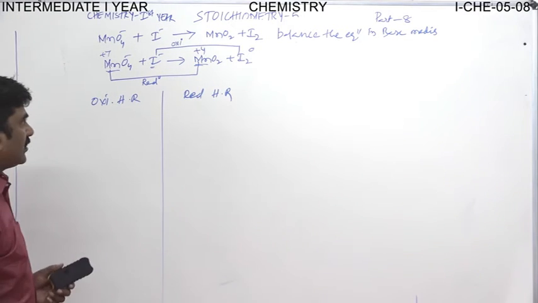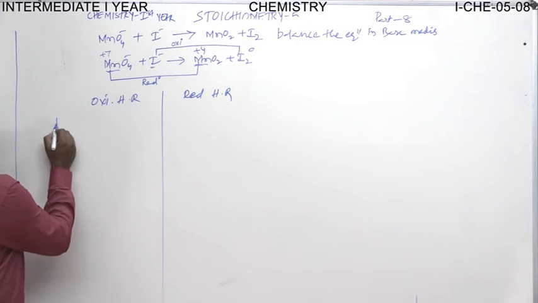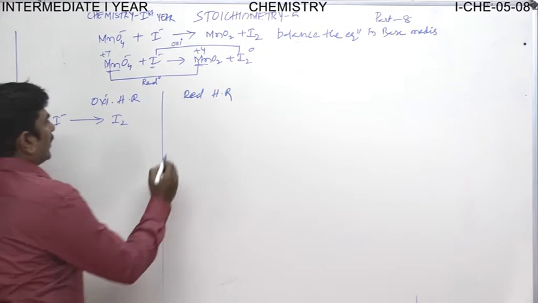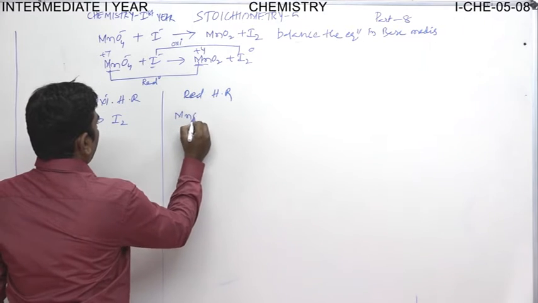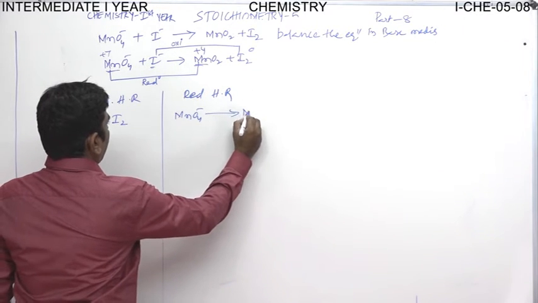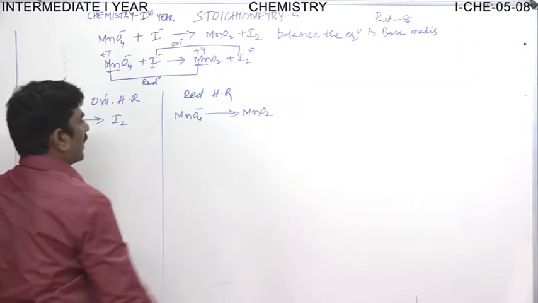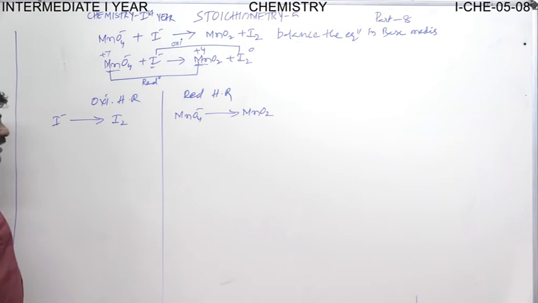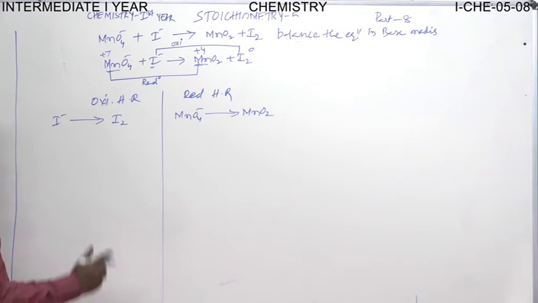Oxidation half reaction: I minus to I2. Reduction half reaction: MnO4 minus to MnO2.